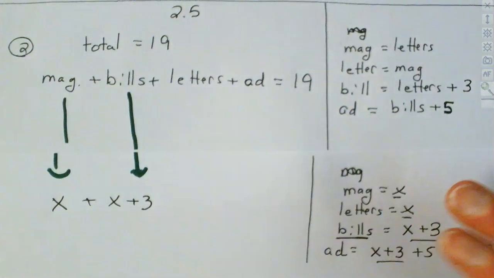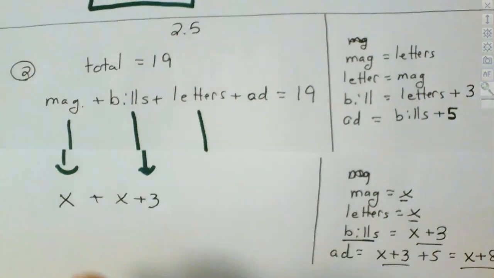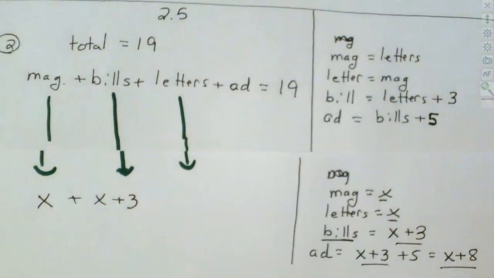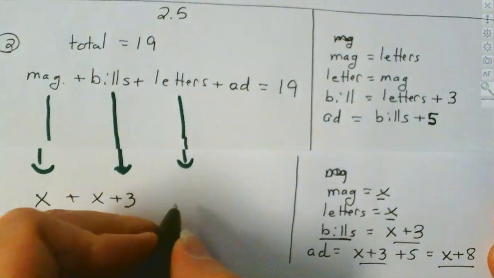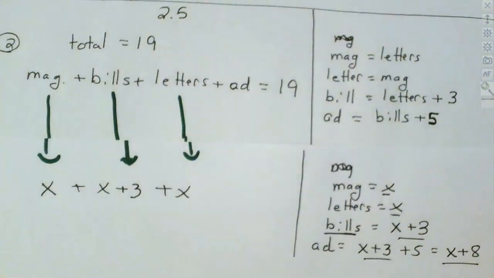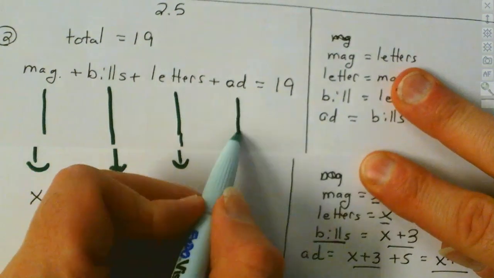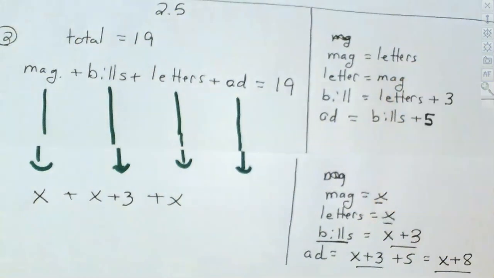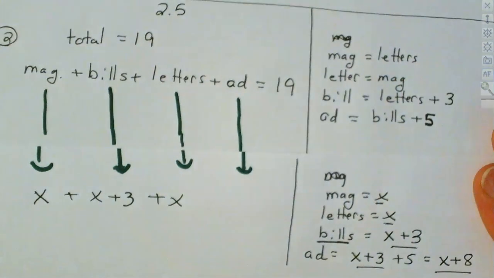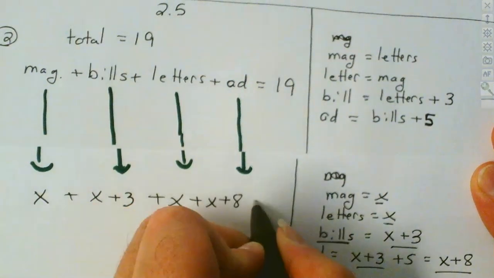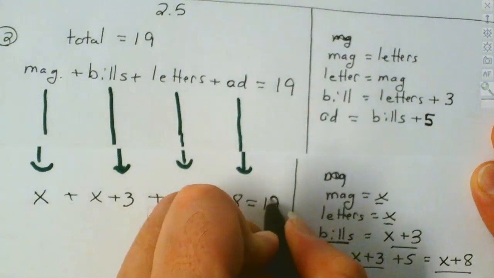Then we've got letters. What are the letters? Letters are x, so that comes down as a plus x. And then finally, we've got our ads. What are our ads? Ads are going to be x plus 8. And what does that equal? 19.